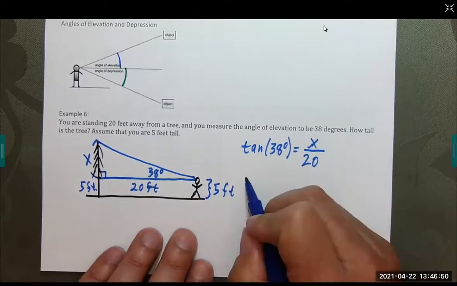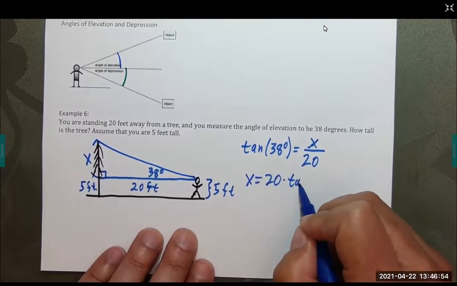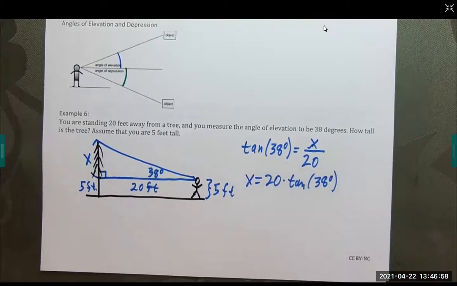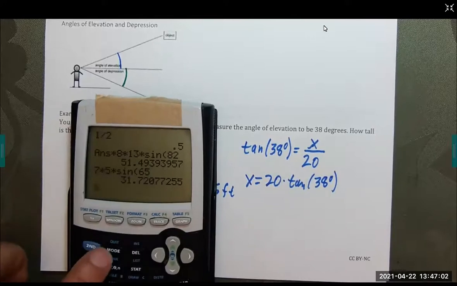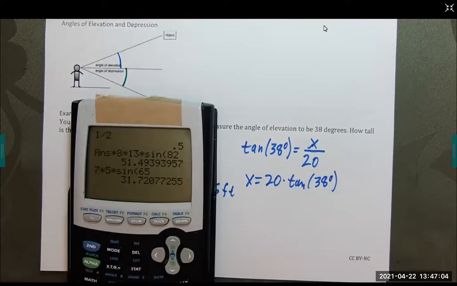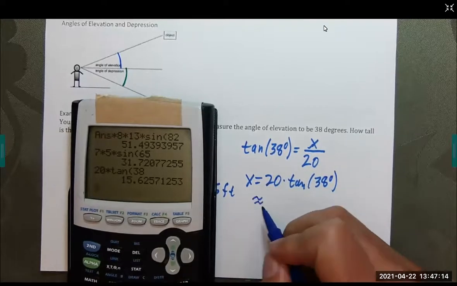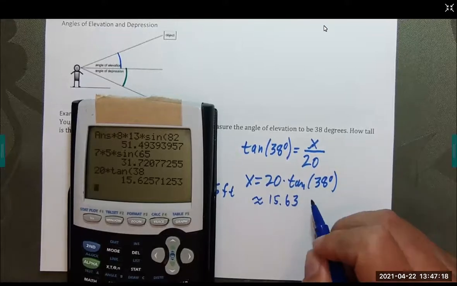Which means that X is 20 times the tangent of 38 degrees. And remember, that's just X. 15.63 feet, we'll say.